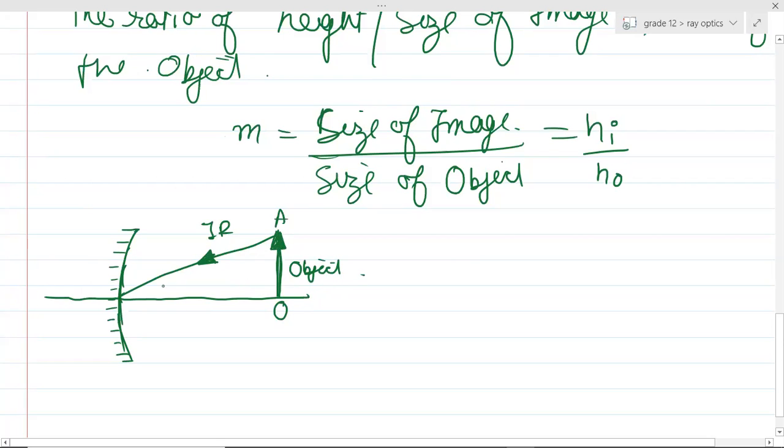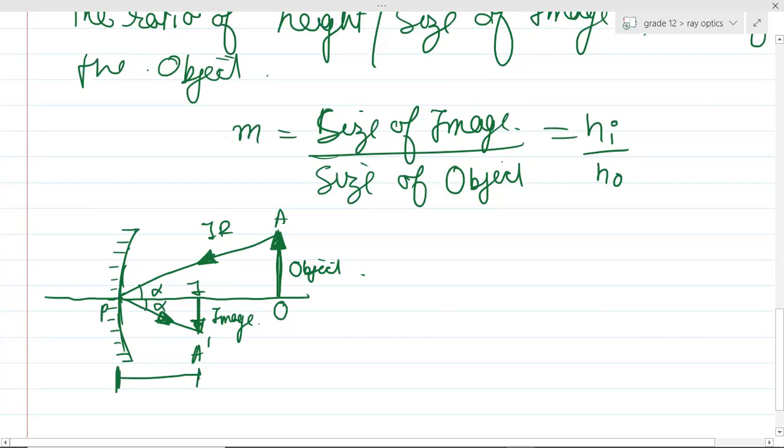Now let's say its image forms here. So this is A dash and this is I. A dash is basically the image. This is the incident ray, this is the reflected ray, it is incident at the pole. So these two angles of incidence will be equal.